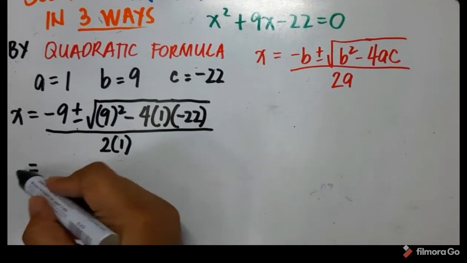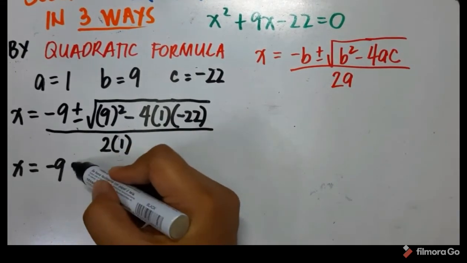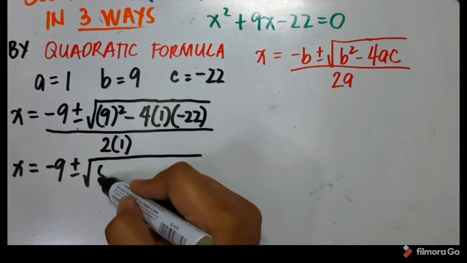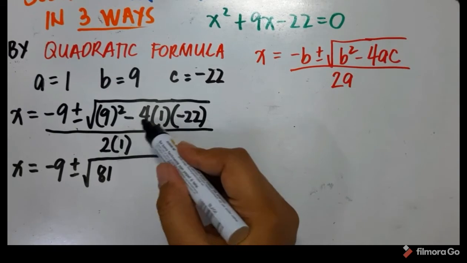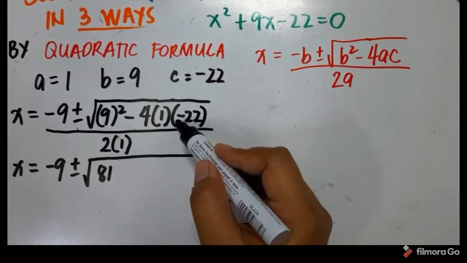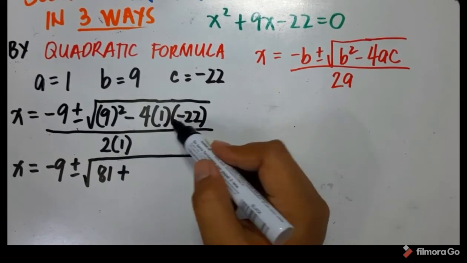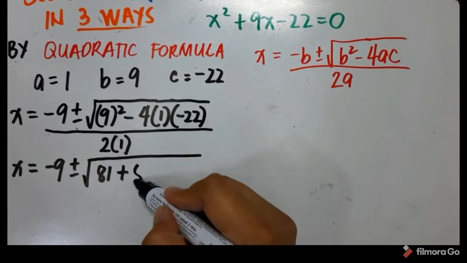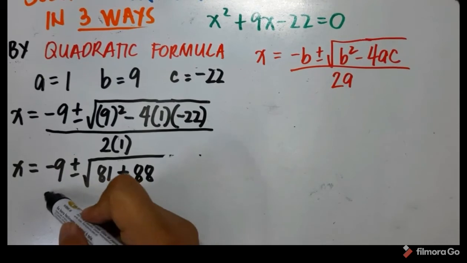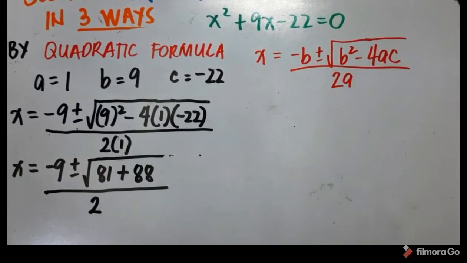And then we evaluate the given equation. So we have negative 9 plus and minus the square root of 9 squared, which is 81. Negative times positive is negative, times another negative would be positive. So we'll have here positive 4 times 1 times 22, which is 88, over 2 times 1, which is 2.